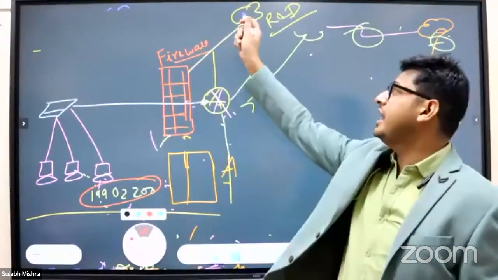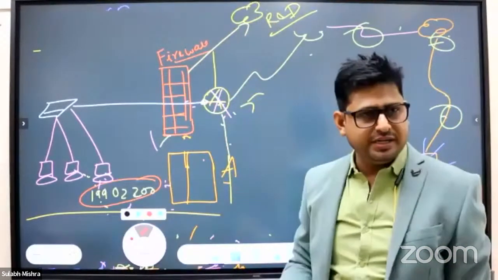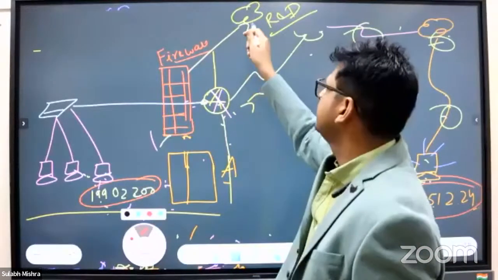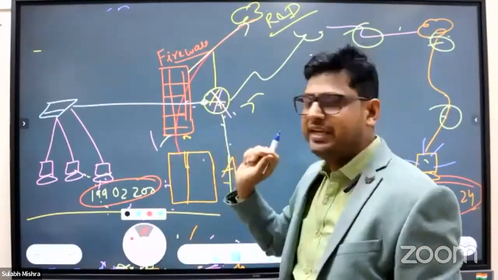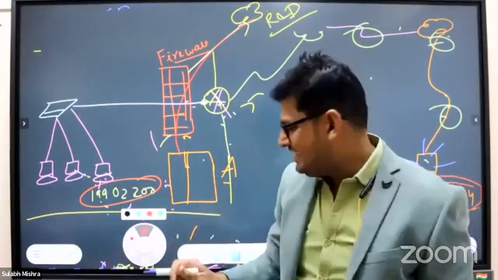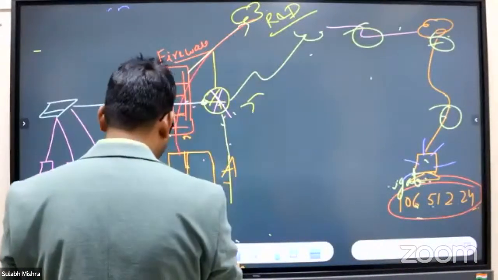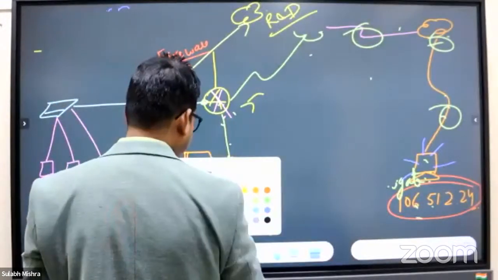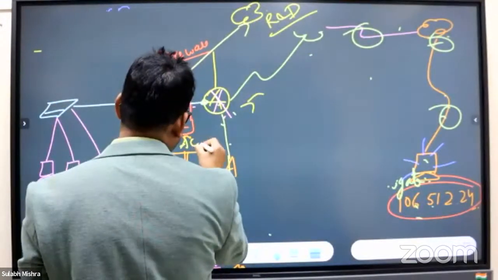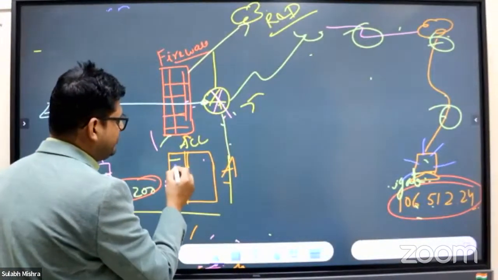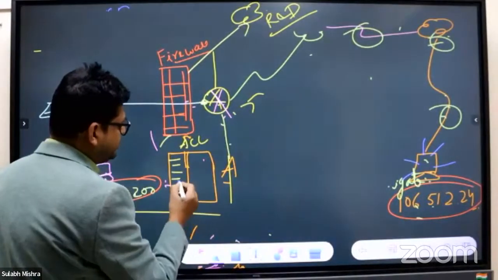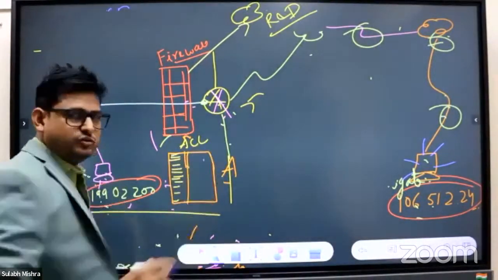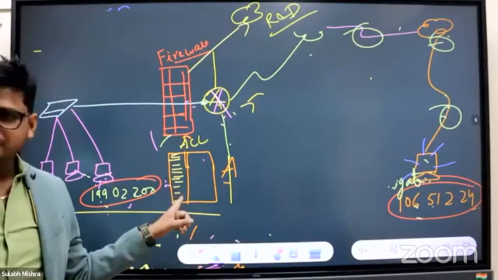As soon as the firewall comes to know the set of IP addresses, it will update this information on the ACL. This is the ACL, access control list, right? So now a set of IPs will be here.